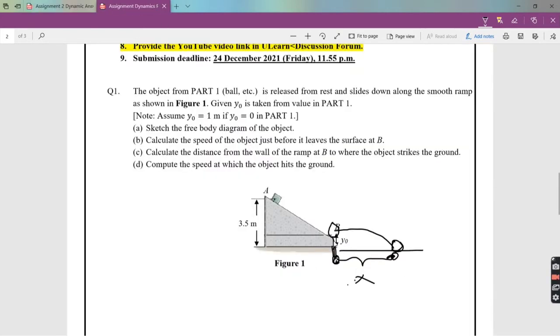From the figure here, we know the y naught here is 1 meter, so we can assume that the y after the ball reaches the ground is equal to -1.